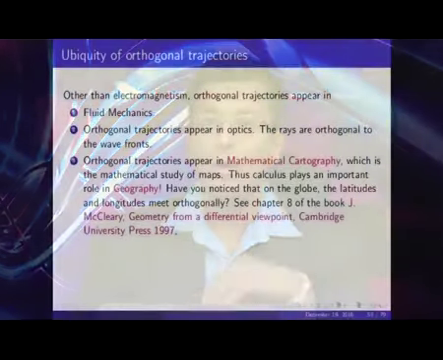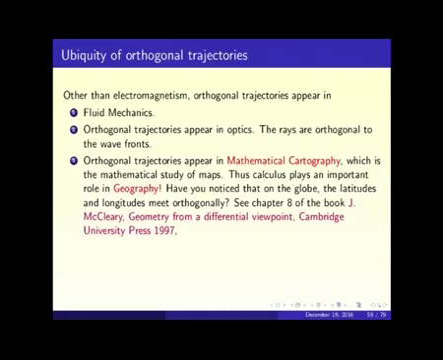So orthogonal trajectories appear in geography, and calculus plays an important role in geography. Look at chapter 8 of the book of John McCleary, Geometry from a Differential Viewpoint. It is an amazing book. In chapter 8, you see cartography being discussed.